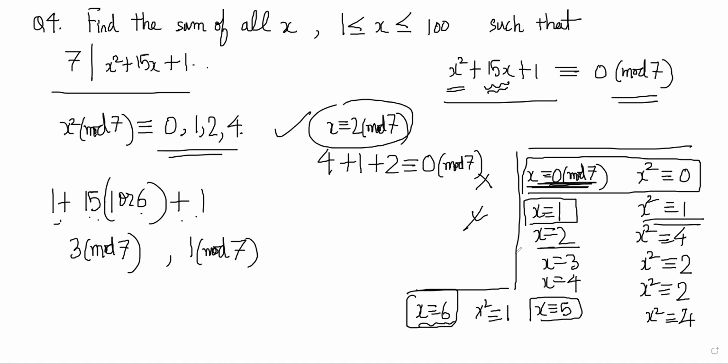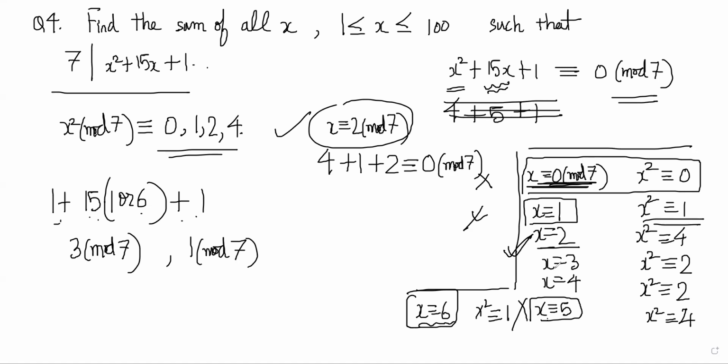This is correct. X is congruent to 2 mod 7 works. So let's check 5 as well. That will give us also 4 here and 75 here. 75 is basically another 5 mod 7, and this is 1. So that doesn't work.